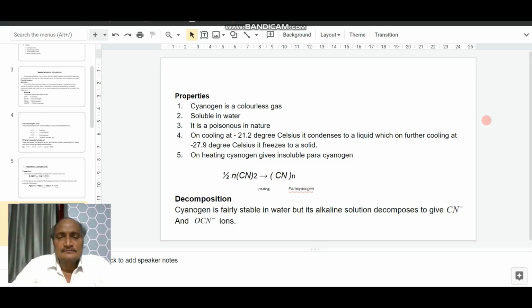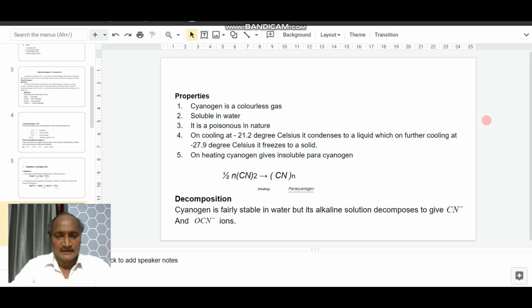On heating, cyanogen gives insoluble para-cyanogen. That is, 1/2 n moles of cyanogen on heating give (CN)n, which is called para-cyanogen.